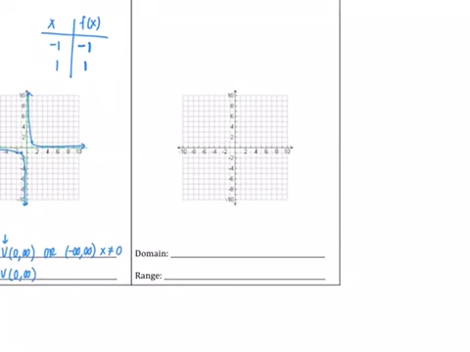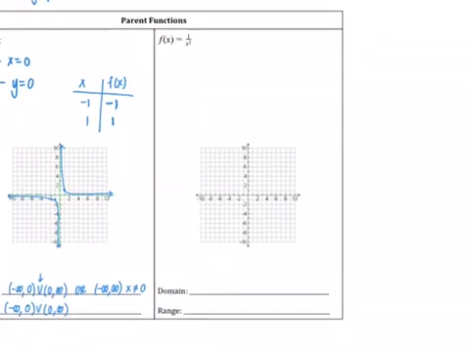Over here, we have f of x equals 1 over x squared. So notice the only difference is that it's now degree 2 in the denominator instead of degree 1. For the vertical asymptote, you just set the denominator equal to 0. So square root both sides and I get x is 0.